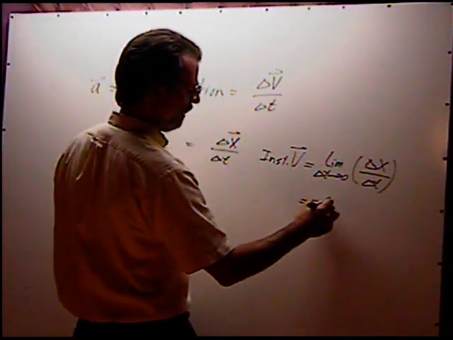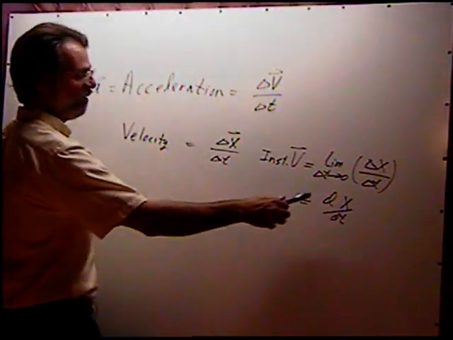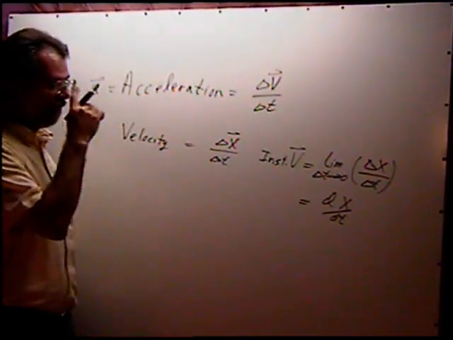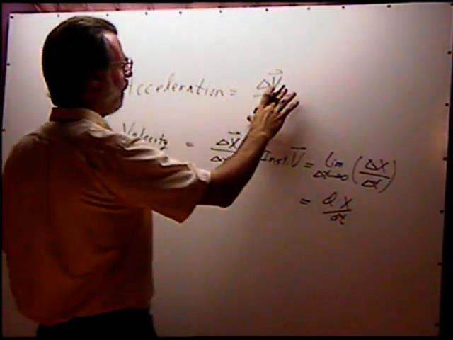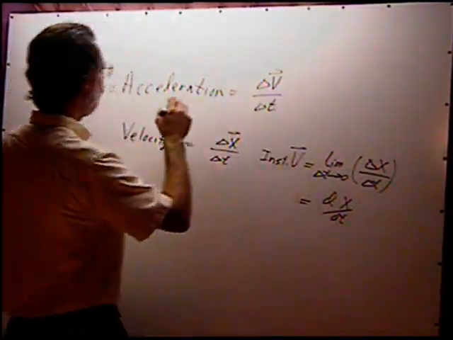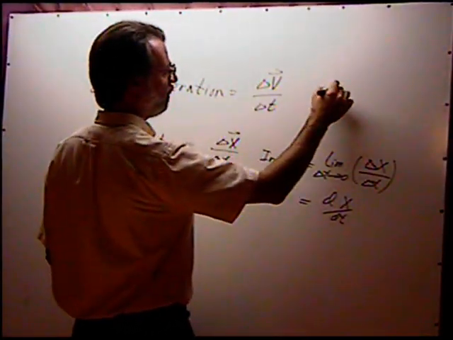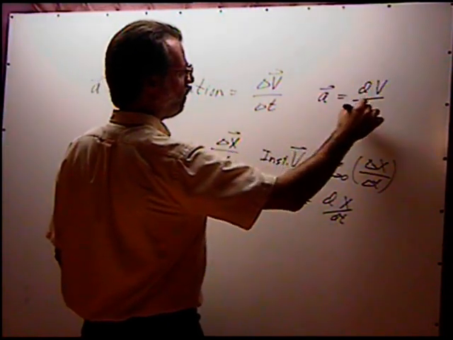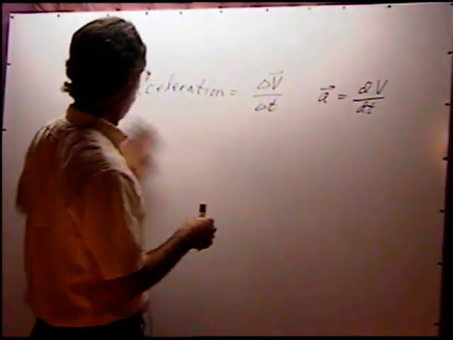So we can say the first derivative of x with respect to t is velocity, for those of you starting to get into calculus. Same thing here: the instantaneous acceleration would be the derivative of velocity with respect to time.